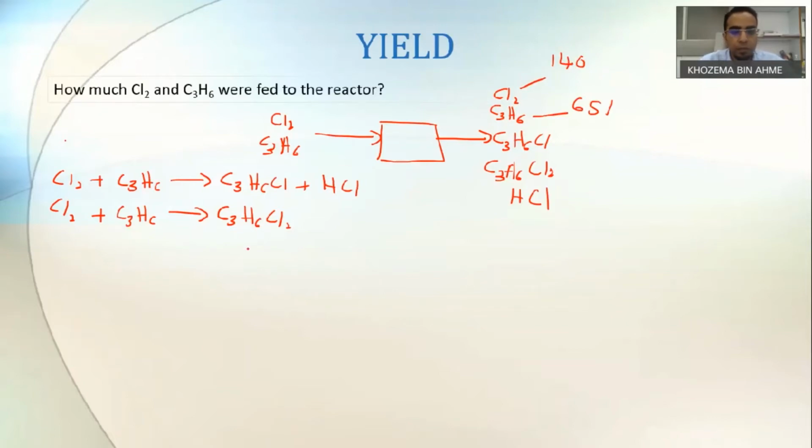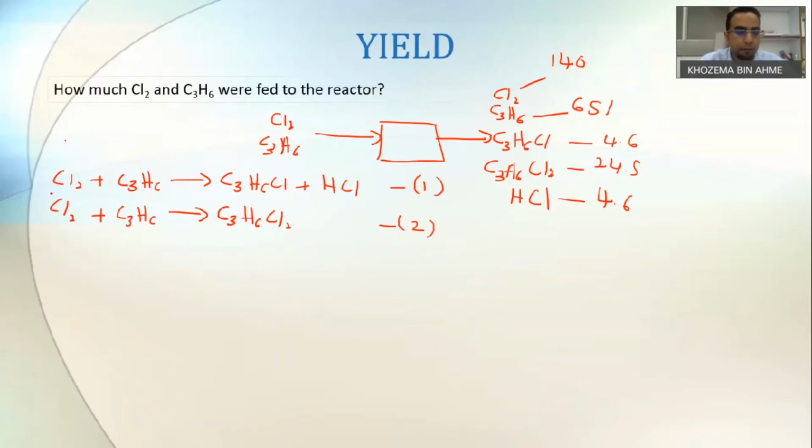So we know that the amount of HCl produced is 4.6. We know this one is 24.5 and this one is also 4.6. So if we will just focus on equation 1 first.